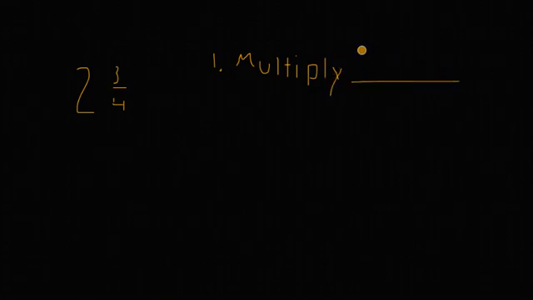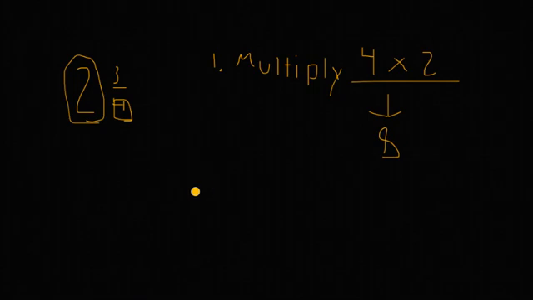So what we want to multiply is 4 times 2. So the big number, as well as the denominator. Well, what will we get here? We will get an 8. How about number 2? This time we have to add.